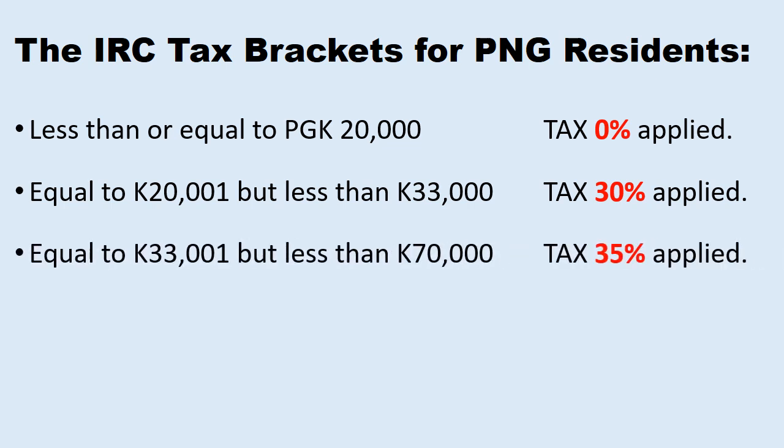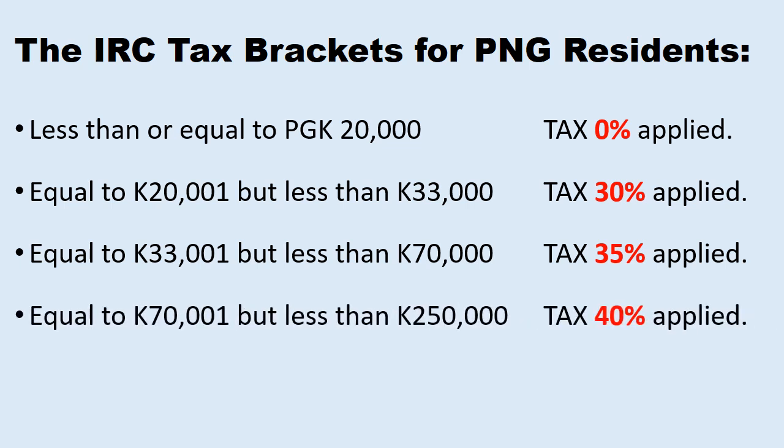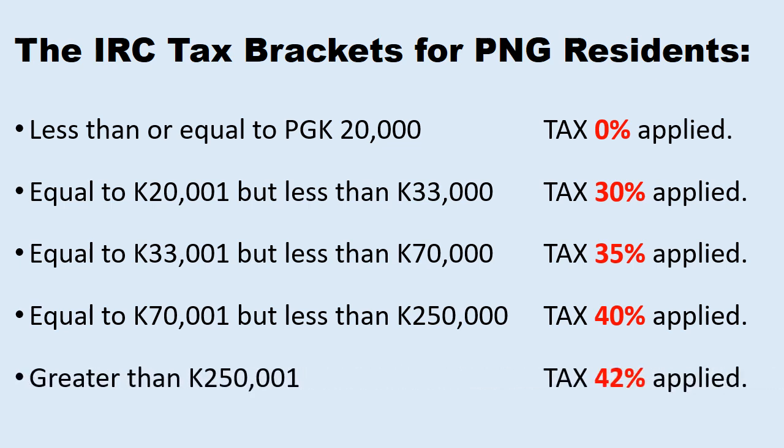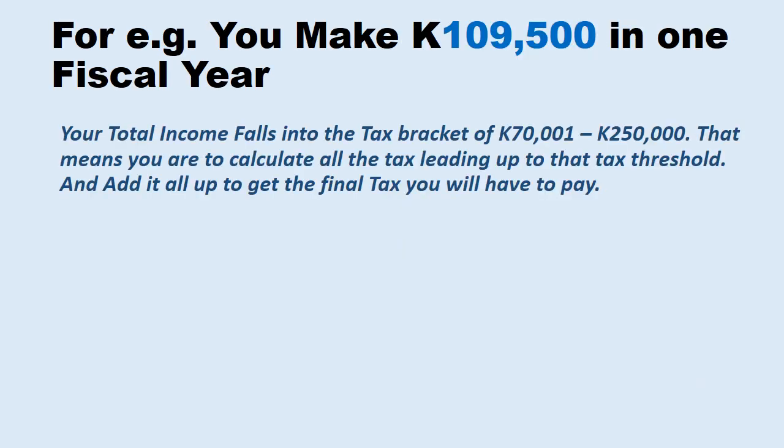Income that is 33,001 kina to 70,000 is 35% tax. And 70,001 kina to 250,000 is 40% tax. Anything above 250,001 kina is 42% tax. Let's go to the next slide.